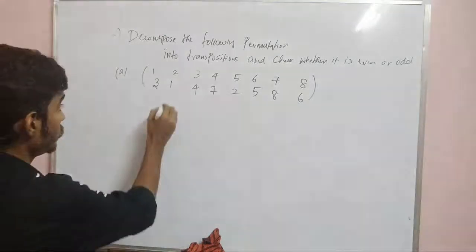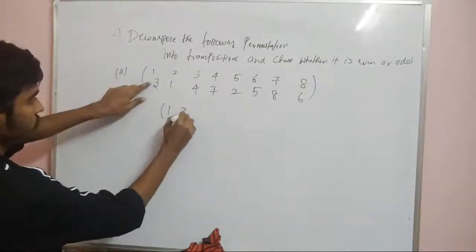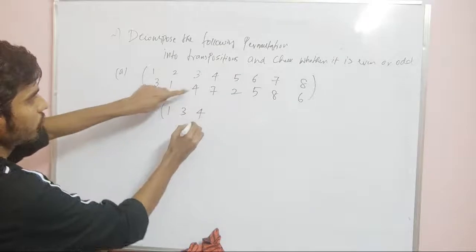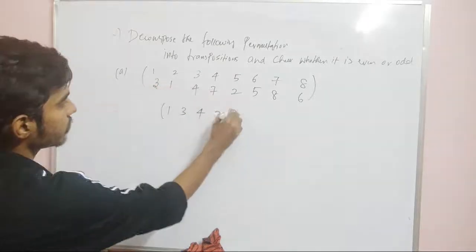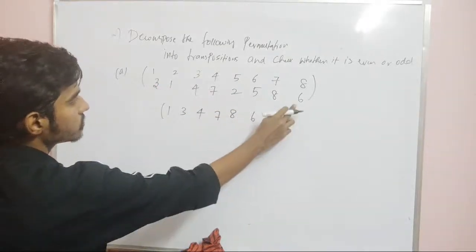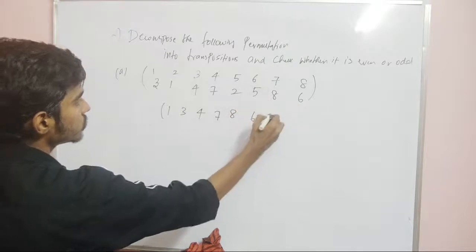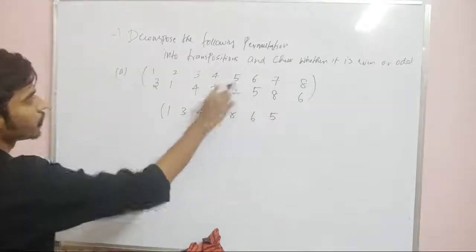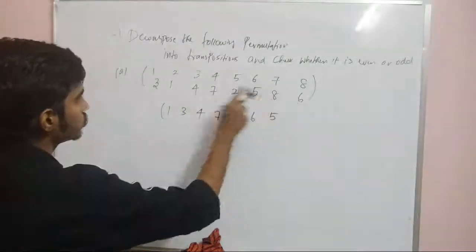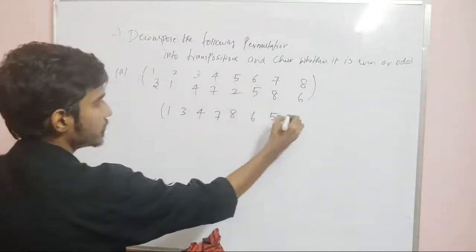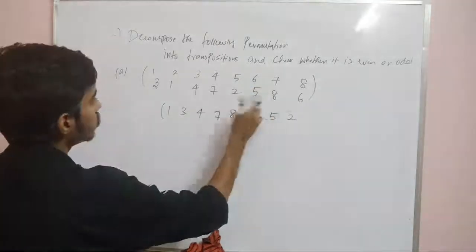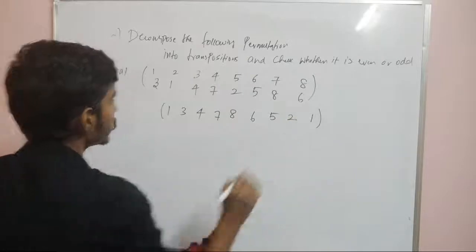Okay, so first we will start with 1. 1 goes to 3, 3 goes to 4, 4 goes to 7, 7 goes to 8, 8 goes to 6, 6 goes to 5, 5 goes to 2, 2 goes to 1. You need to close that.